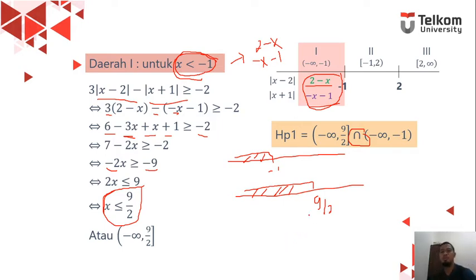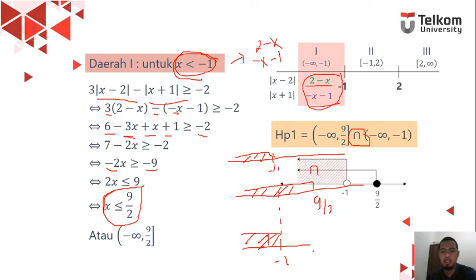Since we have the intersection operation, we will get the area that is in this area and also in this area, which should be up to minus 1. So this is the area. What is the result? This is minus 1, this is 9 over 2. So this is the area that is inside this area and also inside this area.